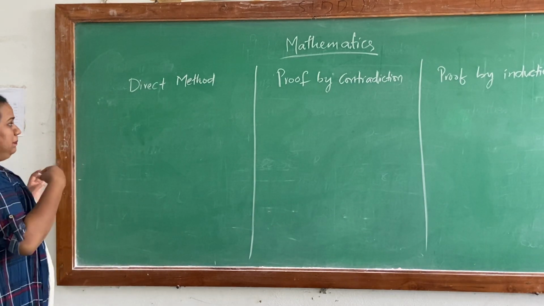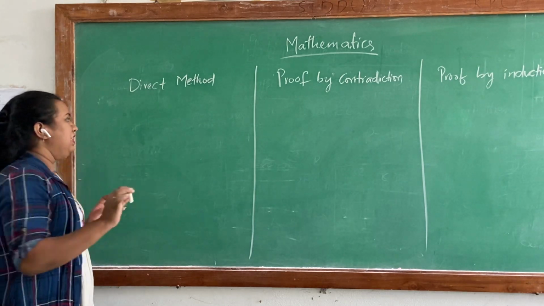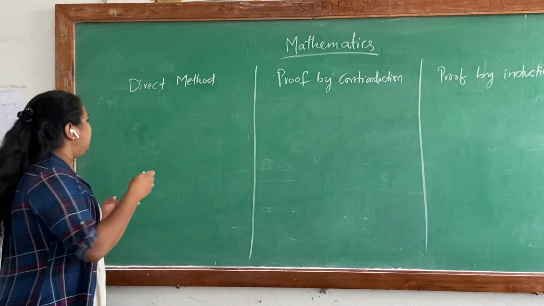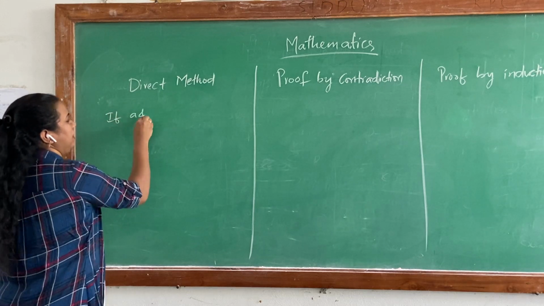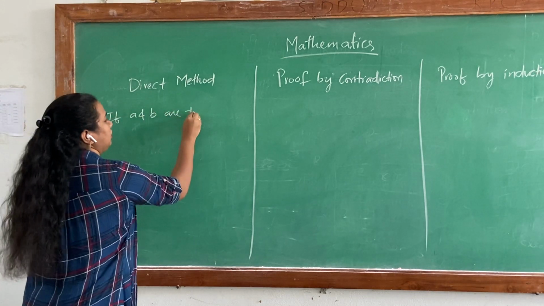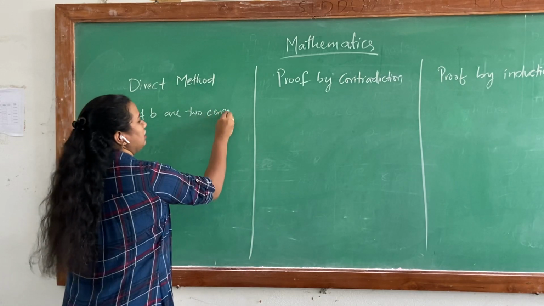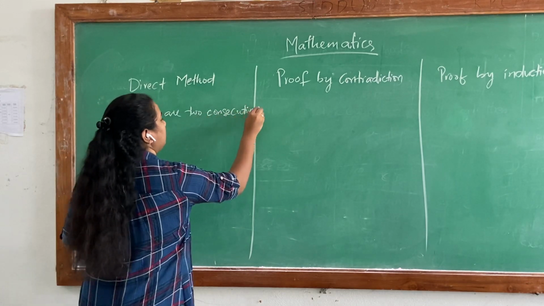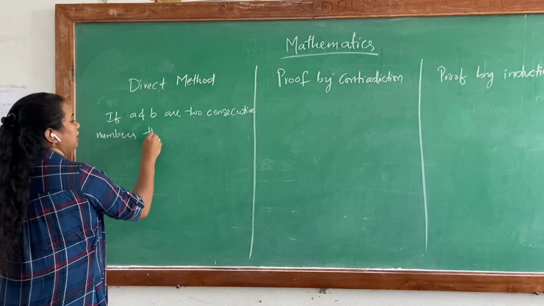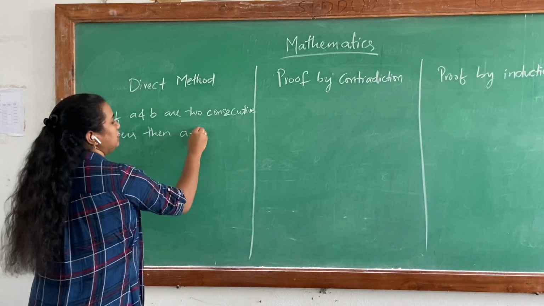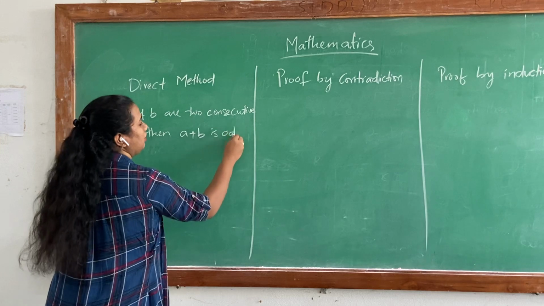For example, I will give you a simple example. Let the theorem statement be: if A and B are 2 consecutive numbers, then A plus B is an odd number.